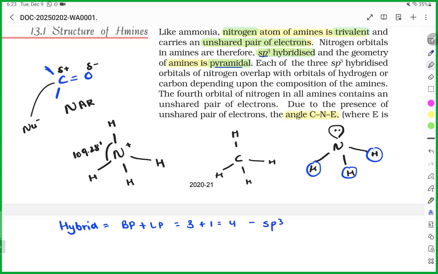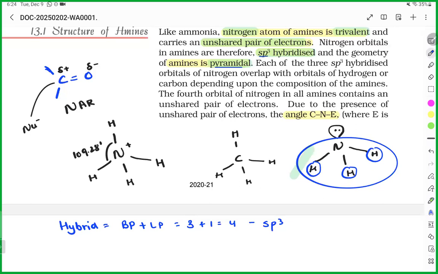Sir, it should be tetrahedral. It should be tetrahedral if you have all bond pairs. But it is pyramidal, like ammonia, because here you have a lone pair and the structure looks pyramidal. Logically it should be tetrahedral if all are bond pairs, but because there is one lone pair, it looks like a pyramid.